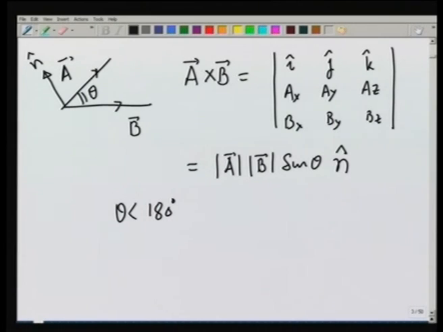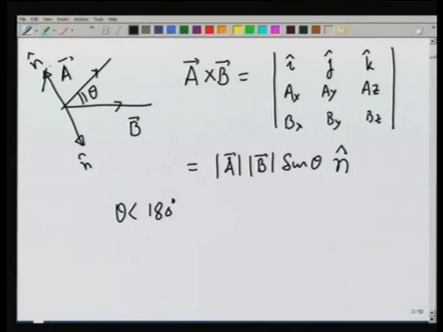How about whether n is this way or this way? This is answered by the right hand rule. You turn A towards B through the smaller of the angle, and the thumb gives you the direction of the vector product. So, in this case n would be going down.